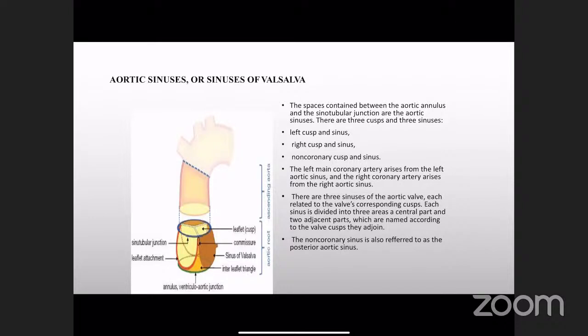There are three sinuses of the aortic valve, each related to the valve's corresponding cusps. Each sinus is divided into three areas, a central part and two adjacent parts, which are named according to the valve cusp they adjoin. The non-coronary sinus is also referred to as the posterior aortic sinus.